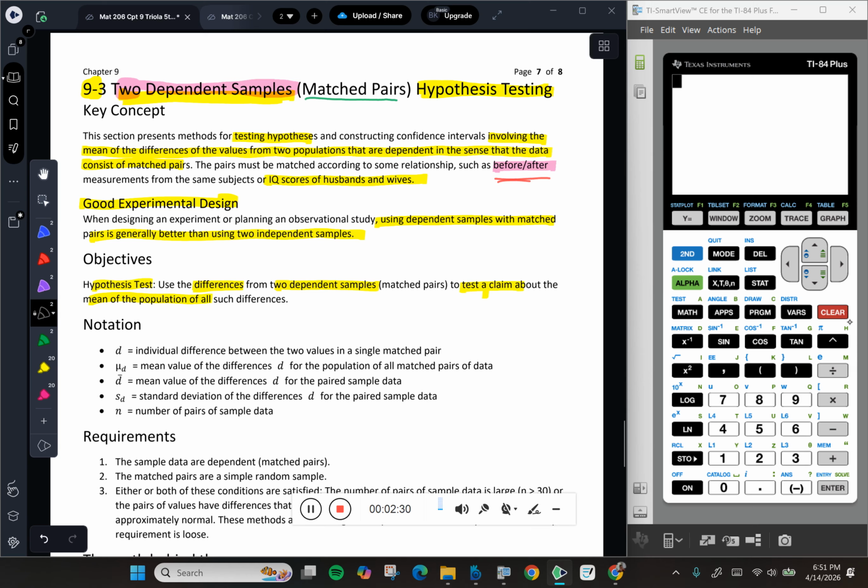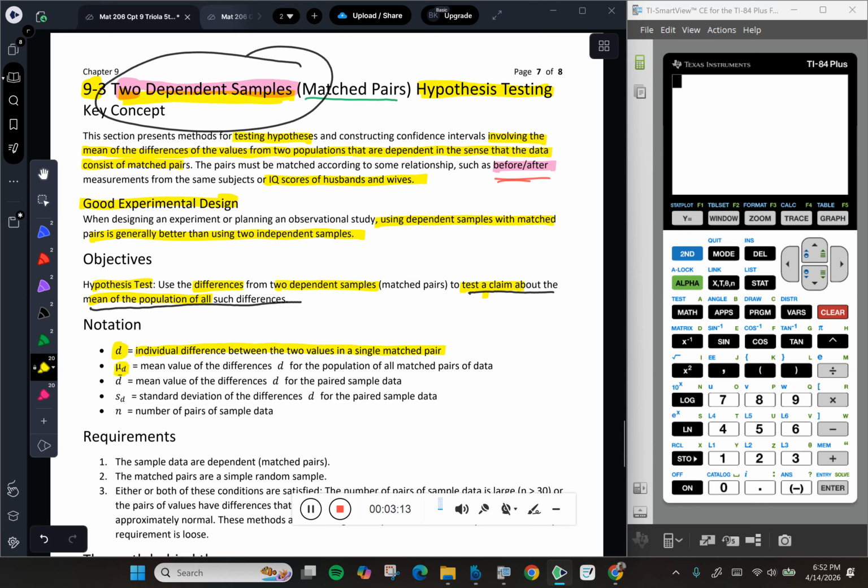Okay, now I want to point out something. We're testing a single claim about the mean of one population. So why is this two if we're testing a claim about one population? Well, what happens in two dependent sampling is we take the two samples, we find the difference between every paired data, and we create a third sample from that we're going to call D, which is the individual differences between the two values in the matched pairs.